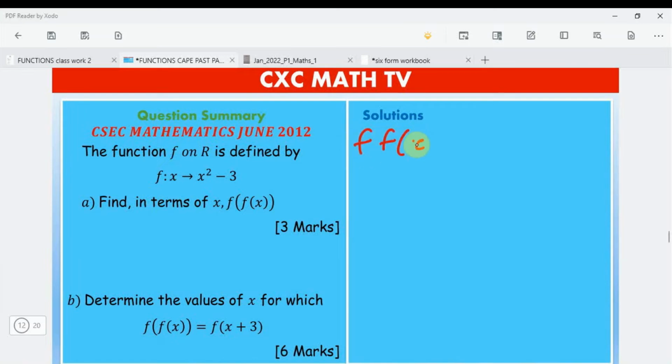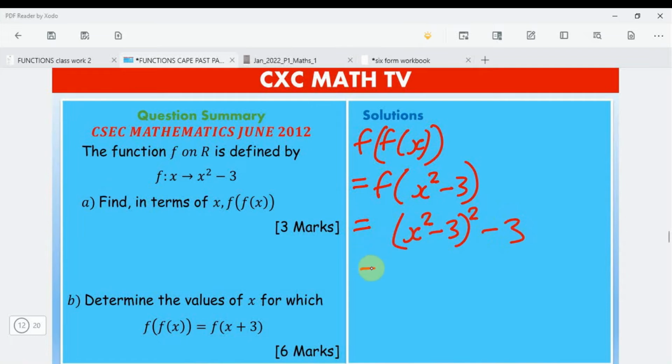So f of f of x is going to be f of x squared minus 3. And that would simplify to be x squared minus 3 all squared minus 3. That works out to be first term squared minus twice the product of the two: 3 times x squared times 2 is minus 6x squared, plus the second term squared, negative 3 squared is 9, minus 3.